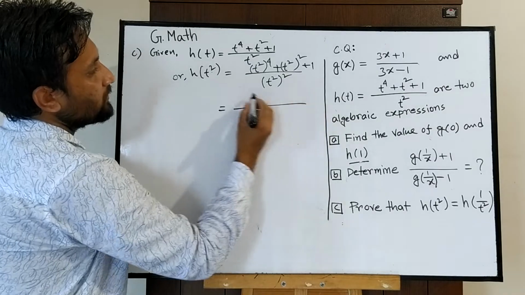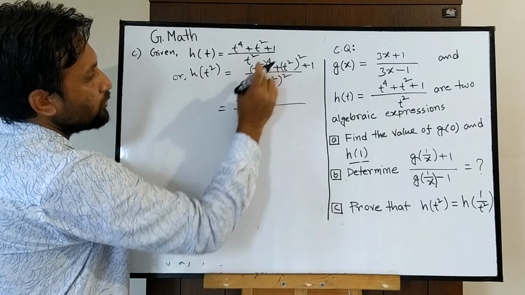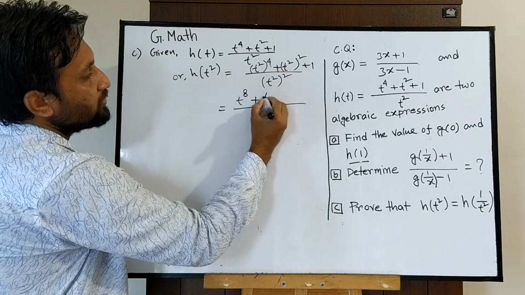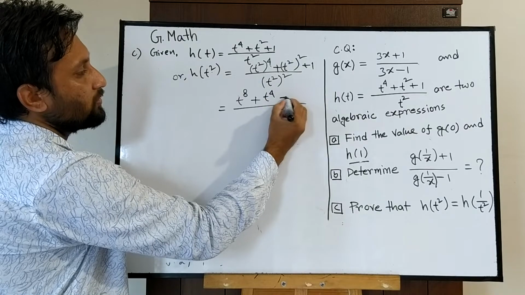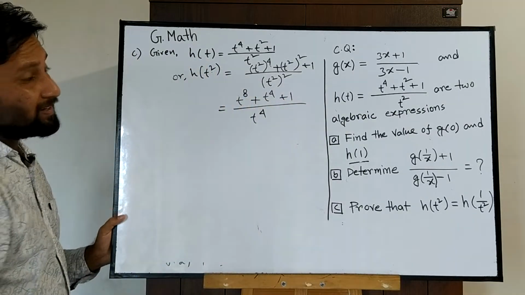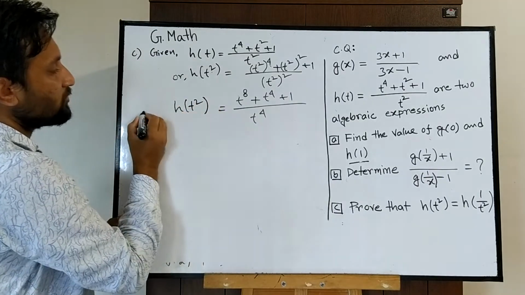So you can get t square 4, that means t to the power 8, plus t square square, t to the power 4, then plus 1, and then t to the power 4. This is the value of h of t square.